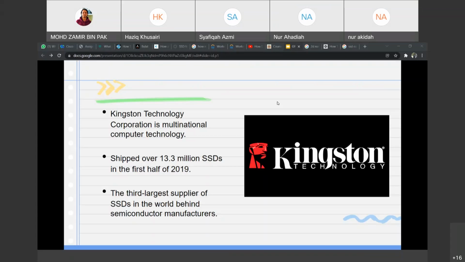From SATA to NVMe, laptop to server, Kingston SSD provides the speed and reliability for the upgrades that we need for PC, servers, and system builders. They shipped over 13.3 million SSDs in the first half of 2019 and placed behind semiconductor manufacturers Samsung and Western Digital. So, next slide.